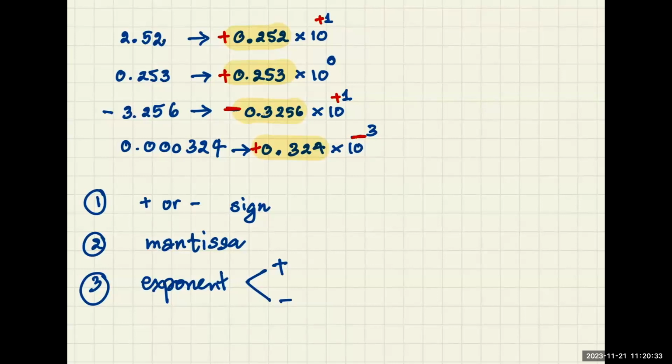So for the exponent, we can tell whether it is 0, a positive number, or a negative number. So these are three parts of the number that we should store in the system, because you have to tell the computer if it is positive or negative or 0, and what the details are, which is the mantissa part.